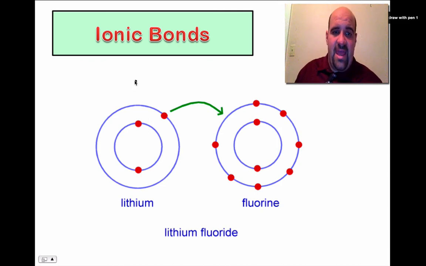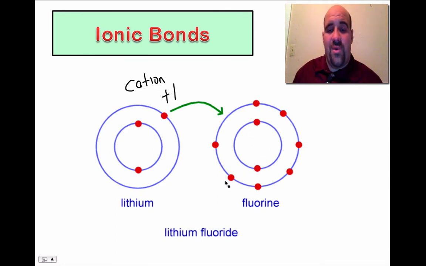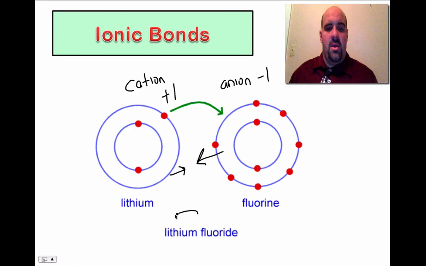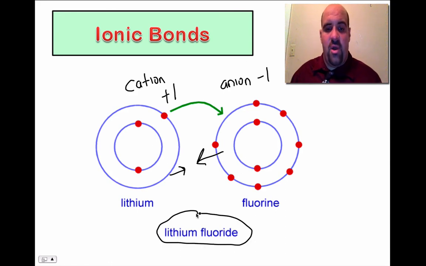Lithium is going to form a cation with a +1 charge. Fluorine is gaining that electron. It's going to be an anion with a -1 charge. And again, opposite charges are going to attract. They're going to come together. These two atoms are going to join. And we're going to call them lithium fluoride.